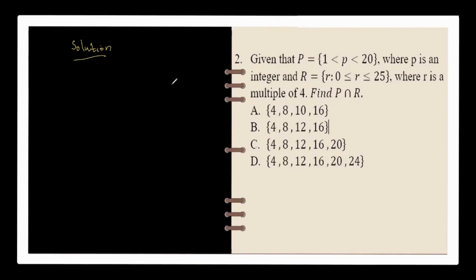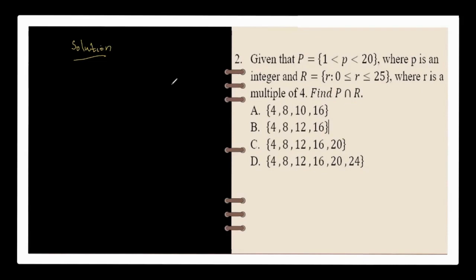Let's go back to the sets so that we can properly define them. If you look at R, the notation used for R in that interval is less than or equal to, meaning that the numbers 0 and 25 are inclusive.